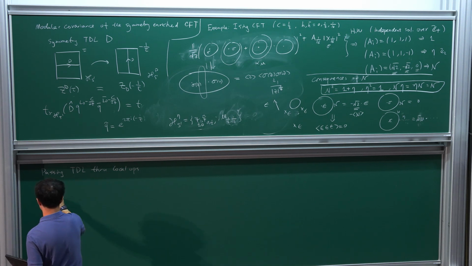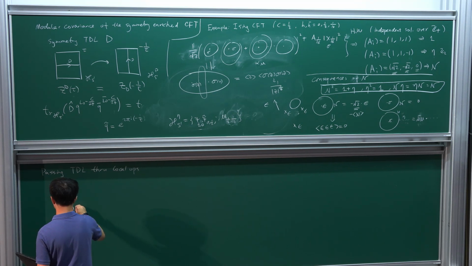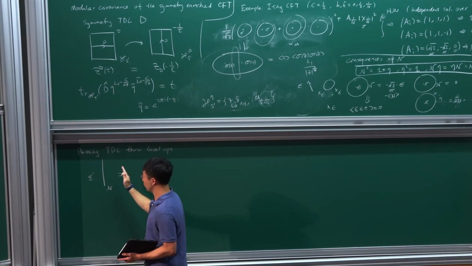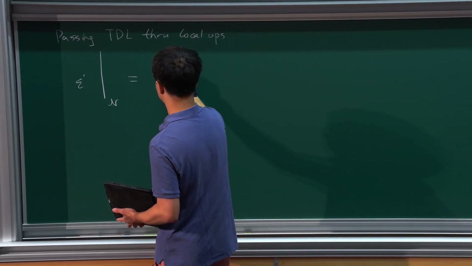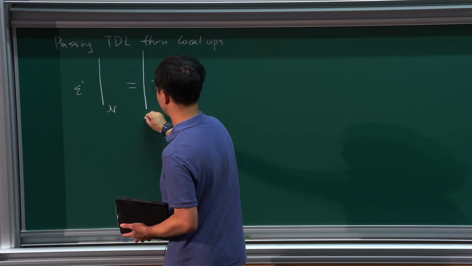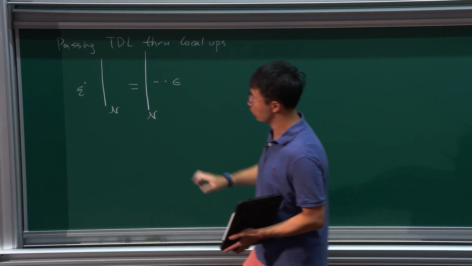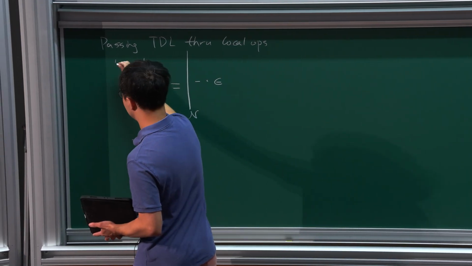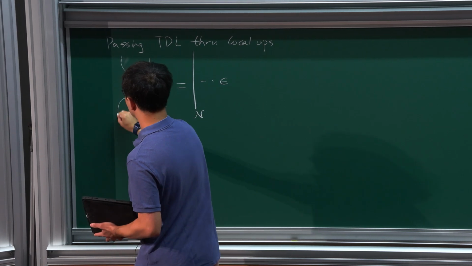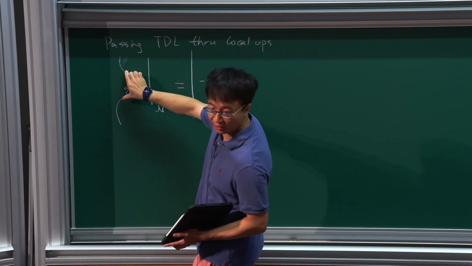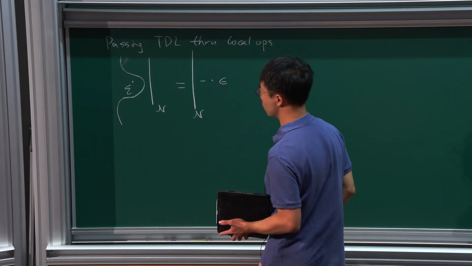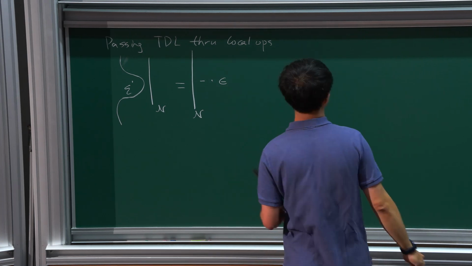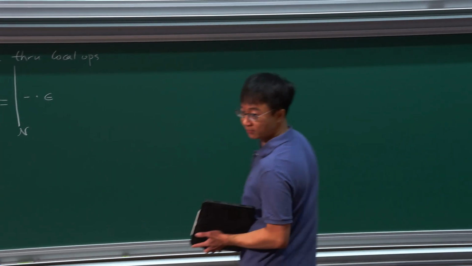For example, if you have the energy operator and the duality defect, when you move the duality defect across the energy operator, you pick up a minus sign. This is because when you pass it through, at one stage it will look something like this, and then you perform the F move in this part of the diagram in the same way that we described, and you obtain this answer using how the symmetry acts on the energy operator.